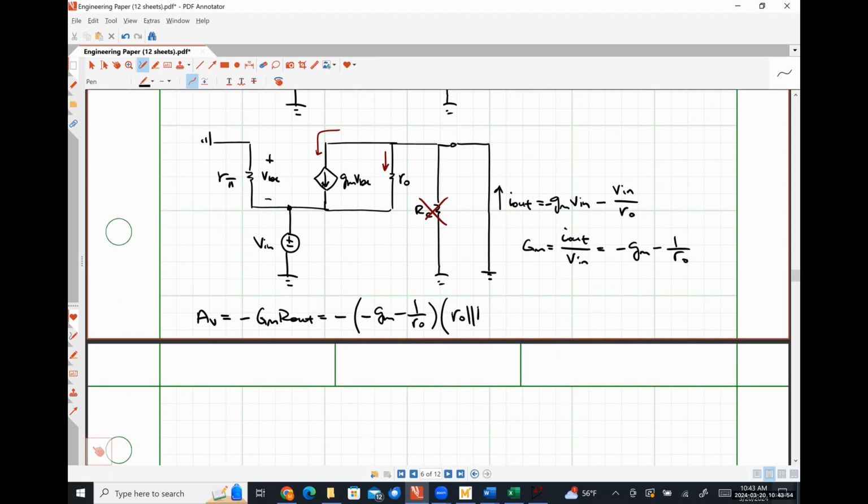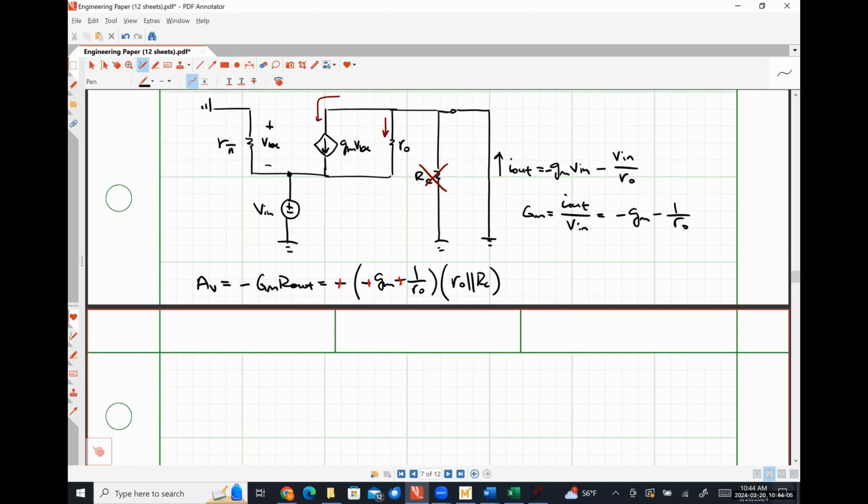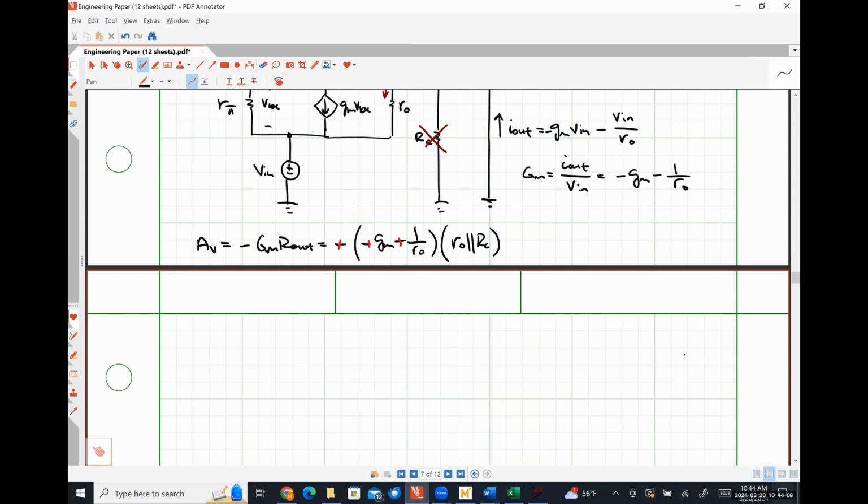R naught in parallel with RC. These negative signs cancel each other out. And so what I wind up getting is one over R naught plus GM times R naught times RC over R naught plus RC.